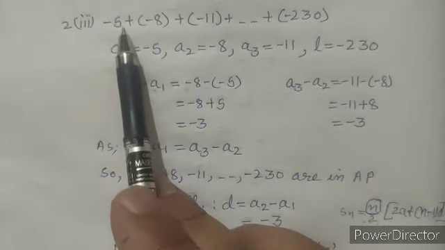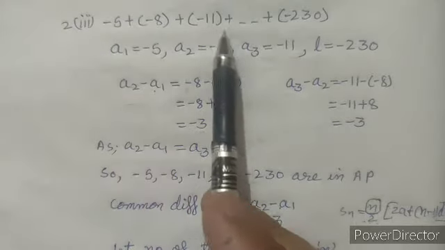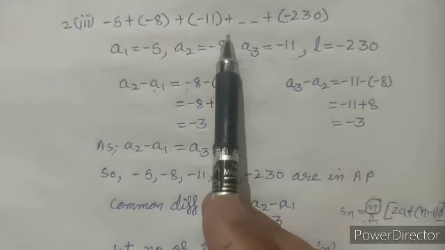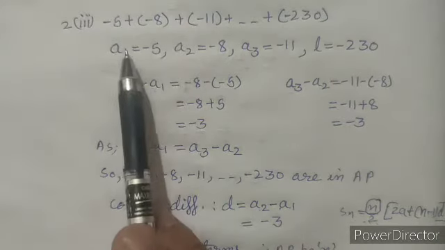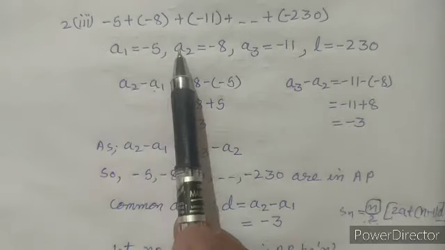As it is not given to us in this question whether these terms are in AP or not, first of all we will prove that these are in AP. For that we will find the difference of the consecutive terms.